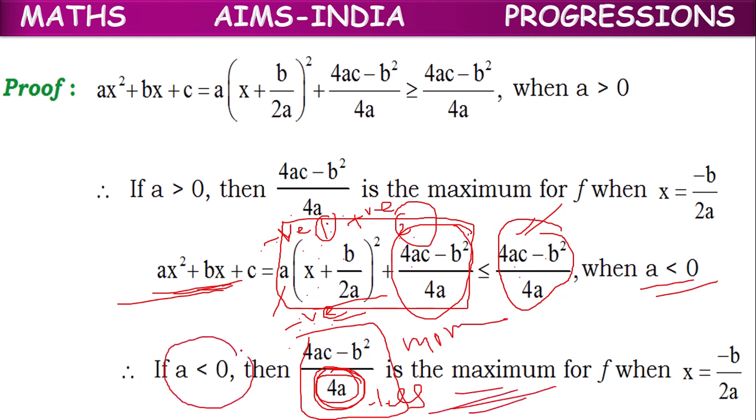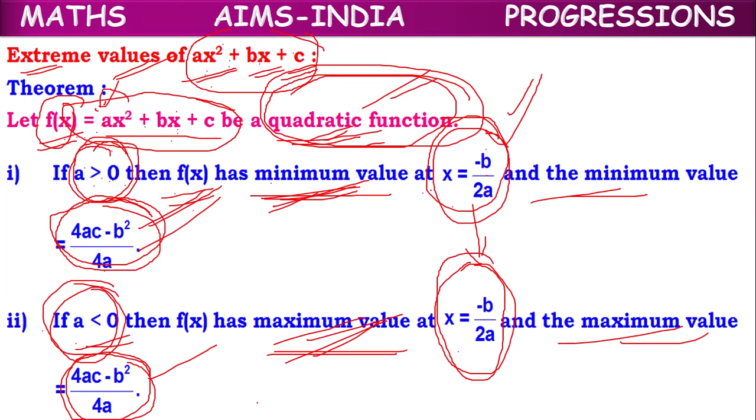So if a is less than 0, this total value will be maximum, and it will be maximum when we keep minus b by 2a in the place of x. Like this we can prove the maximum and minimum values of a quadratic function, children.